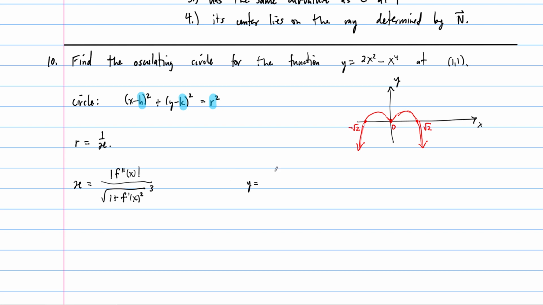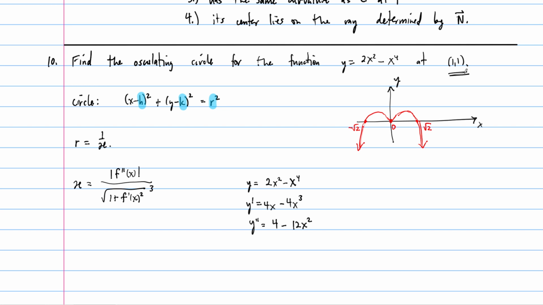So our function y is 2x squared minus x to the fourth. Our y prime, which is going to be f prime, is 4x minus 4x cubed. And then y double prime is 4 minus 12x squared. All right, and then we need to plug in this point.